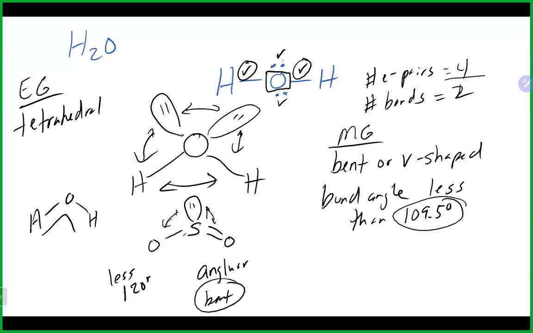So for us, we're going to use this for the previous one because it is slightly different in bond angle and in how many electron pairs there are, and we'll use this one for our 4 pairs and 2 bonds relationship. But don't be surprised if online or in books they use bent for SO2, the 3 electron pairs and 2 bonds. Any questions on that?